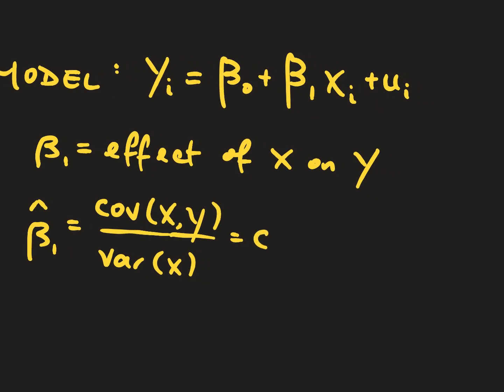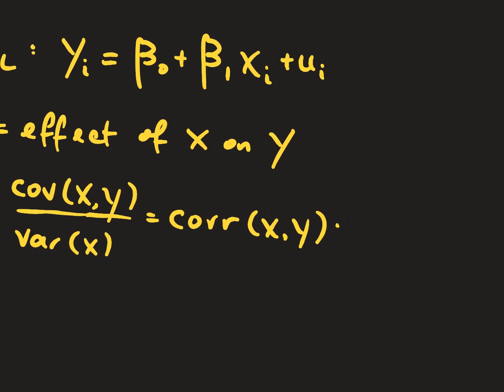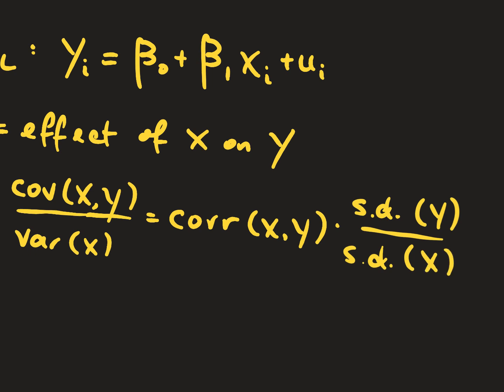Changing some terms around, we could describe this as the correlation between x and y times the standard deviation in y over the standard deviation in x. That would be a mathematically equivalent way of writing this, and the only reason I do this is to highlight that, yes, it is a correlation. Literally what we are measuring is a correlation.